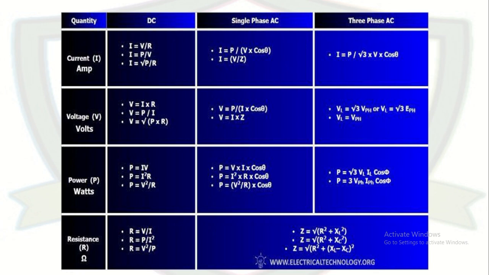We do not consider inductance and capacitance here. Under 3-phase, the current is power over square root of 3 times voltage times power factor.